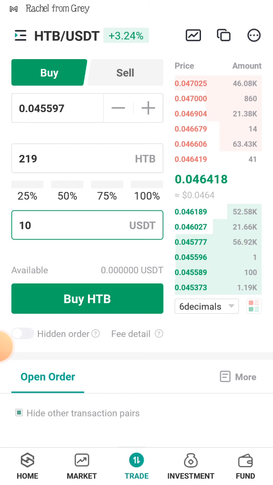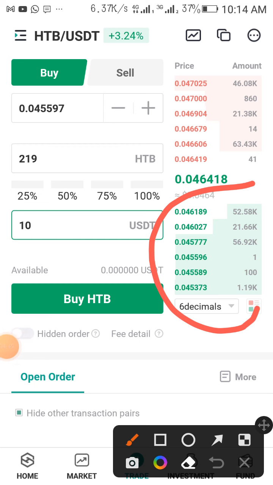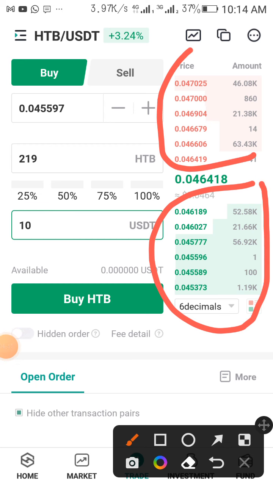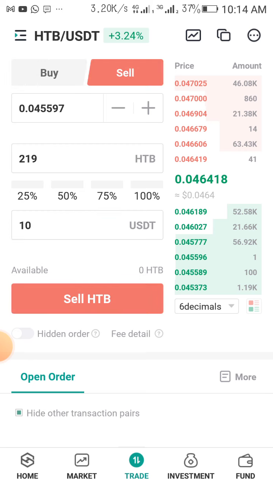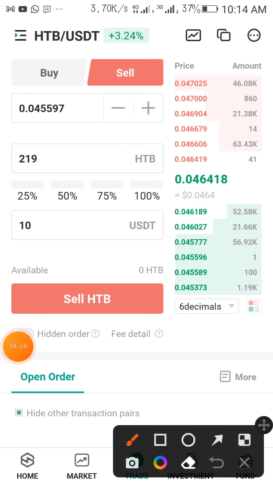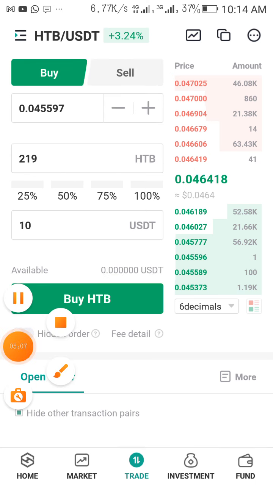To overcome this challenge, you will not come as a taker who wants to buy from these makers directly. Instead you will join them in this book. If you want to sell, you come and join them here, and if you want to buy, on the other hand, you come and join them here.